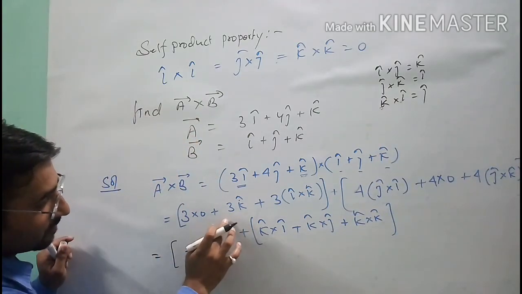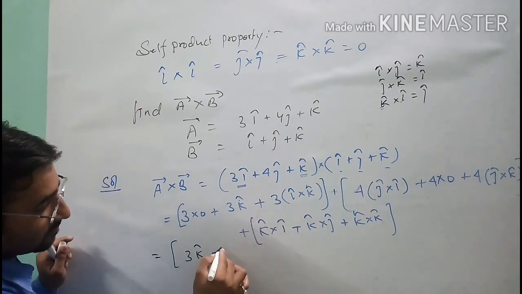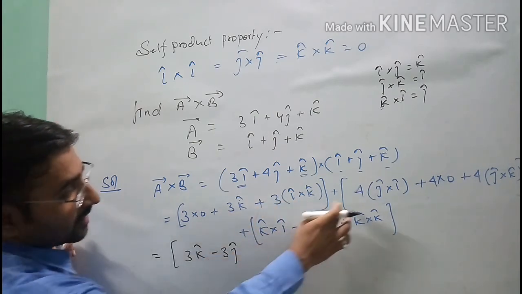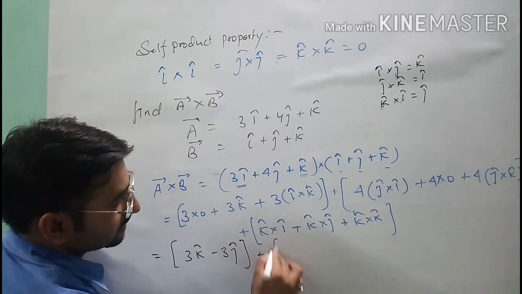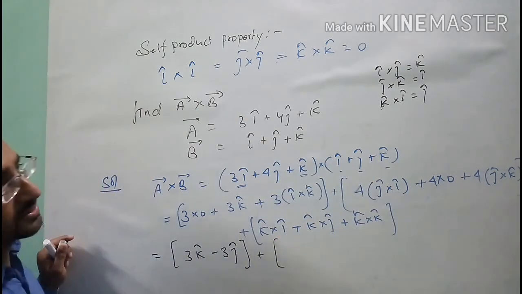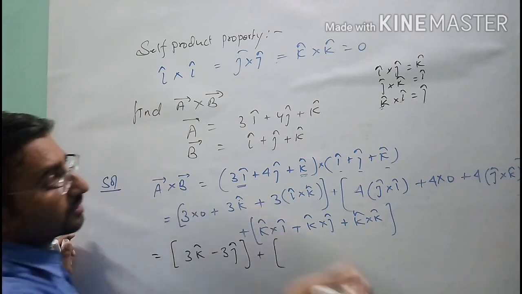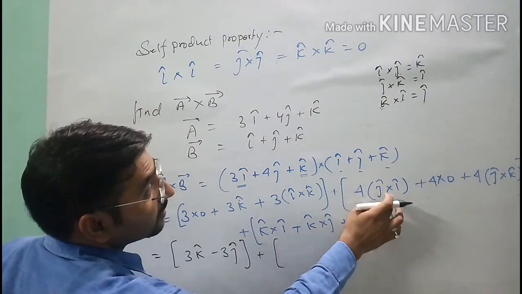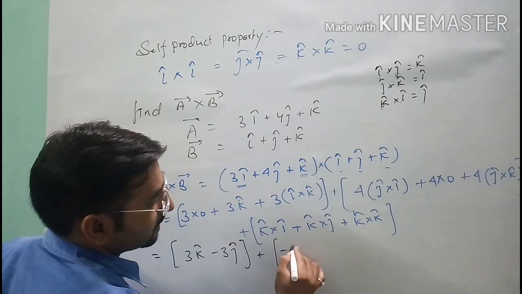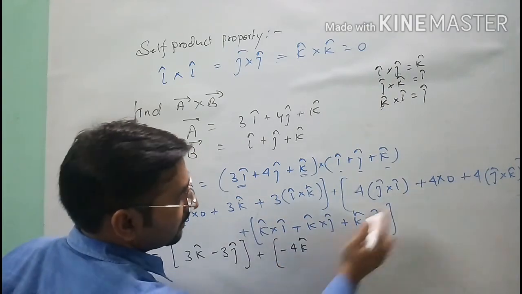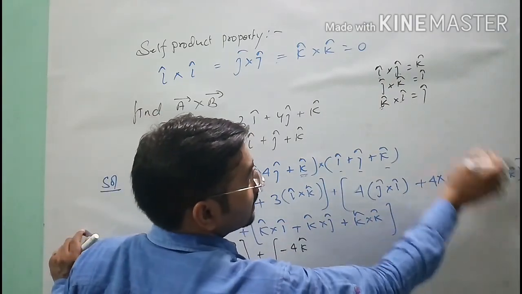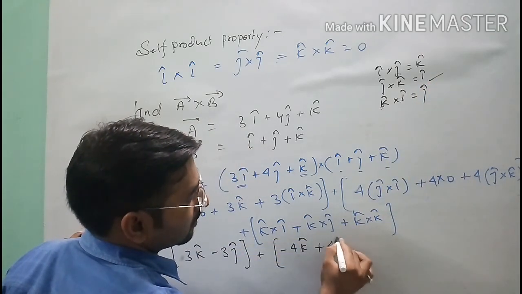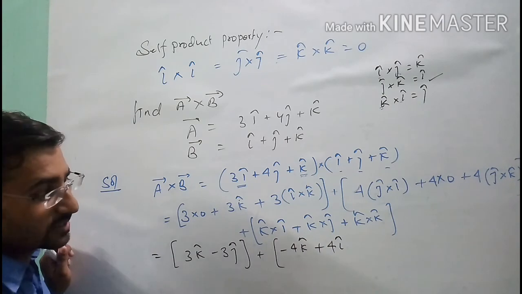So it will be minus here, minus j cap, and minus will multiply this. And after that, see, plus here, j cross i is opposite to the direction of i cross j, it will be minus k. Then 0, then j cross k is equal to i, it will be 4i. Point is clear, students?